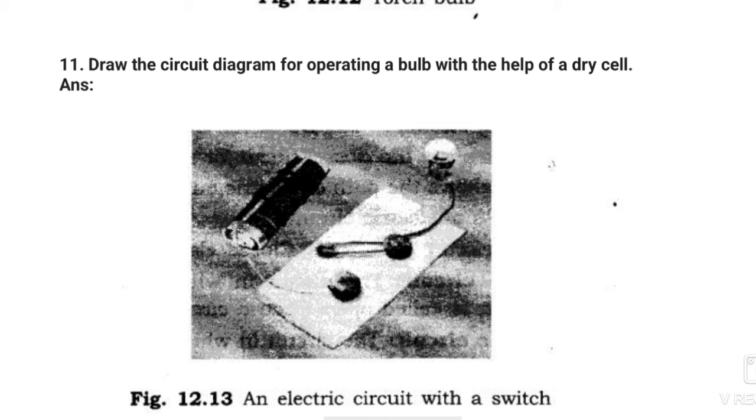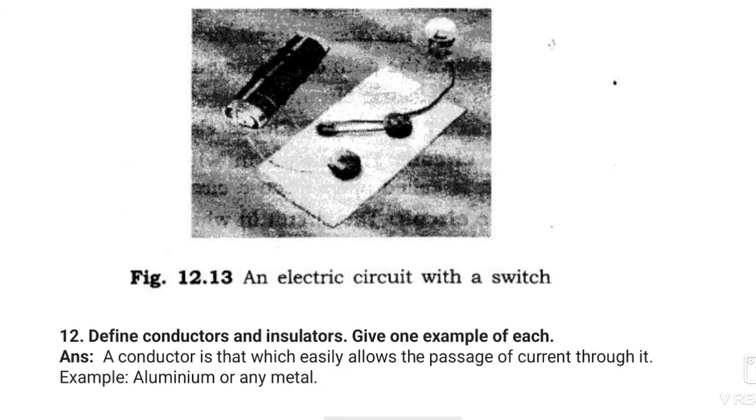When we press the key, it means when we join the free end of the safety pin to the wire, at that time the bulb glows. Otherwise it is an open circuit, not a closed circuit.